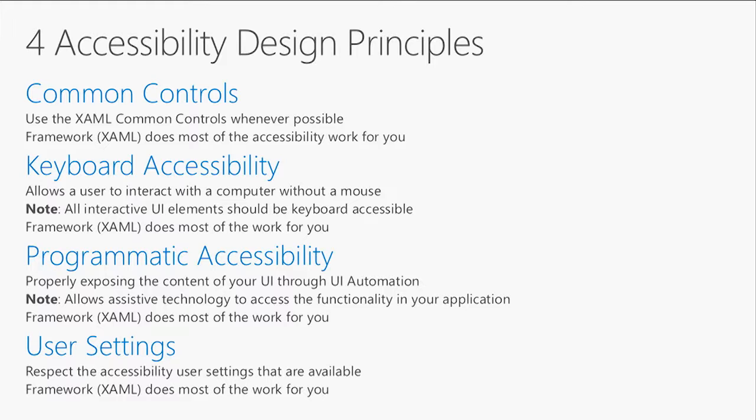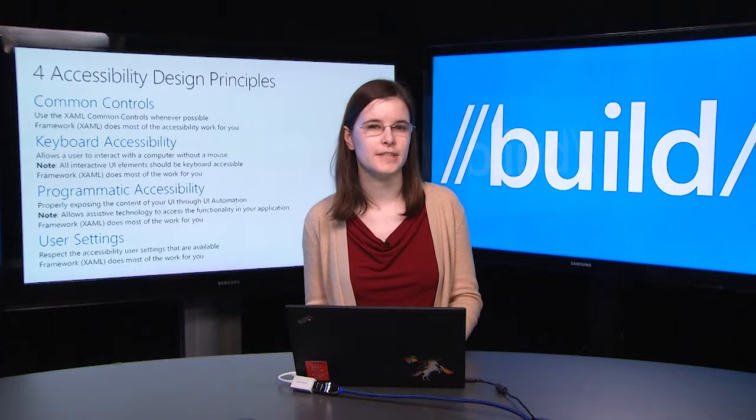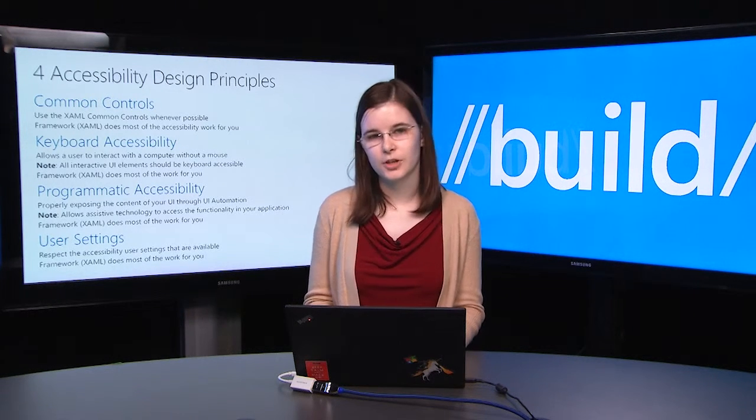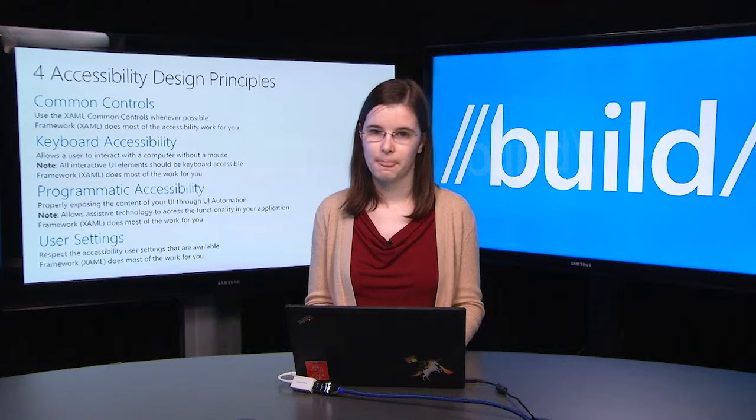The third design principle is programmatic accessibility. And programmatic accessibility means that you can properly expose the content of your UI through UI automation. This allows assistive technologies such as Narrator or Magnifier to access the functionality in your application.